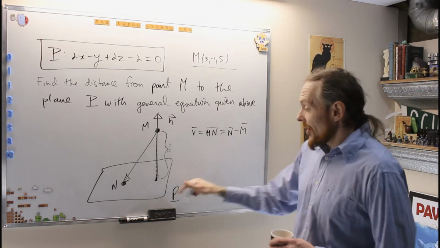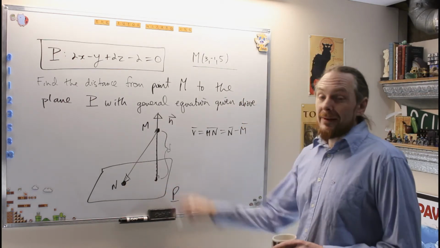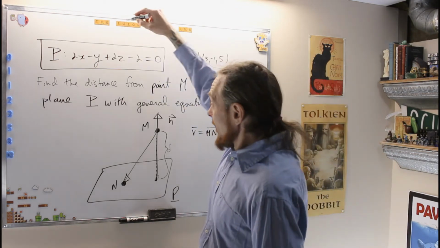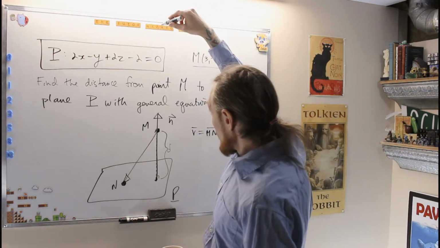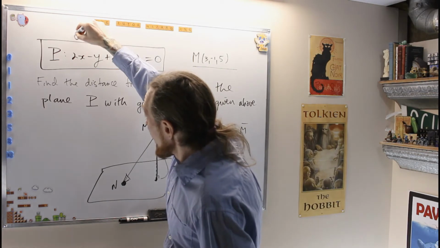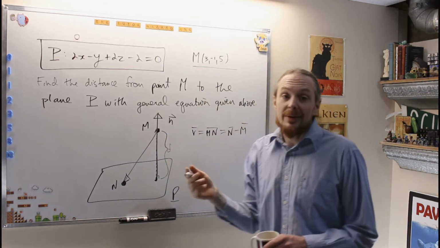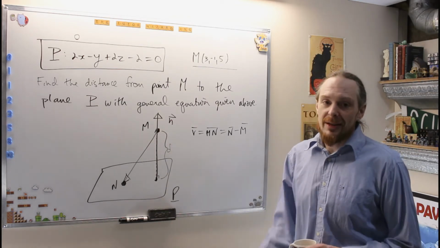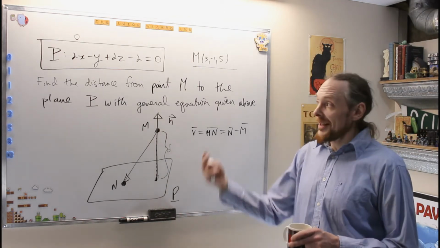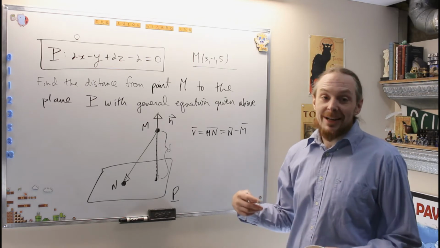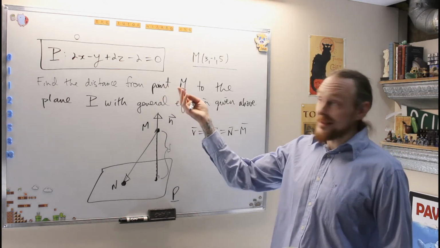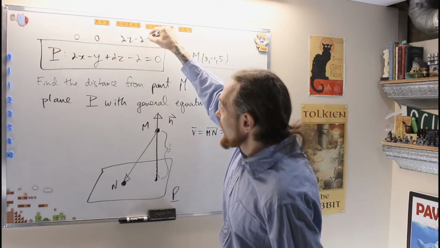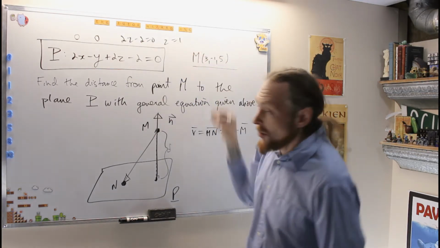Where do we get those? Well, I need a point N on the plane. How do we do that? The best way, and I'll use the same one from the problem that I stole this from: I need a point that satisfies this equation. A lot of the time the easiest way, if you don't want to be clever, is to let two of the variables be 0 and solve for the third. It's one equation and one unknown. So if I set x equals 0 and y equals 0, that says 2z minus 2 equals 0, or z equals 1.